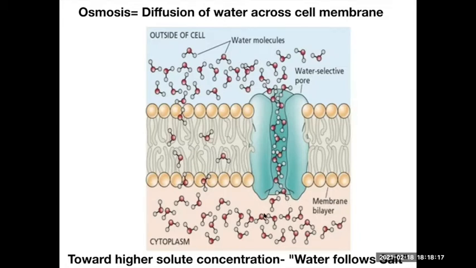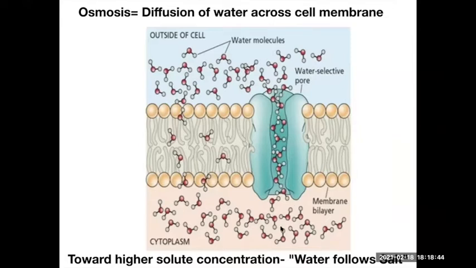And by its concentration gradient, it's going to be going where there are fewer water molecules, and usually there are fewer water molecules because there are more solute particles. So whatever the solute diffusion might be, osmosis is usually in the opposite direction, and hence follows the expression water follows salt.